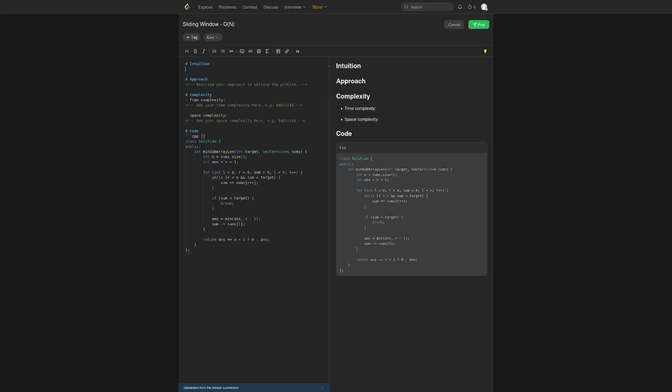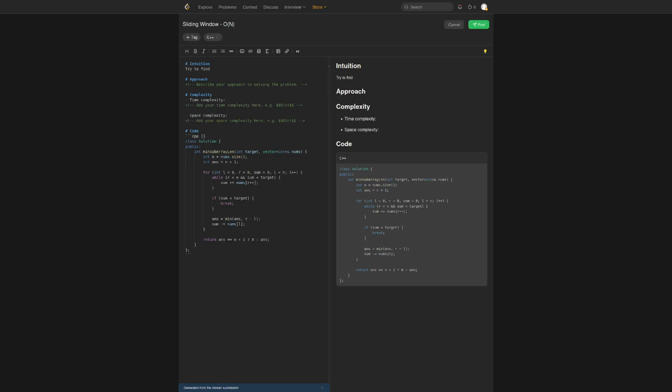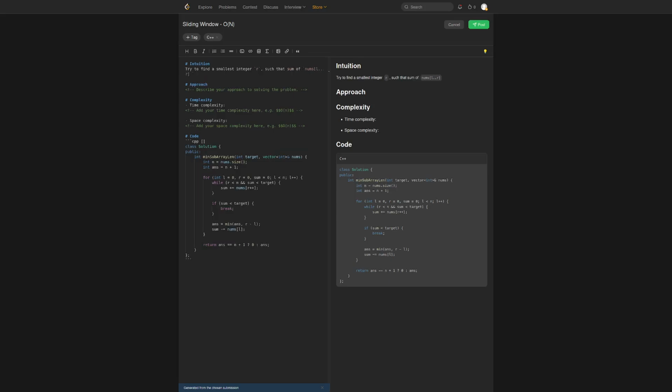Let's try to find the smallest integer R such that the sum of nums L to R is greater than or equal to target.